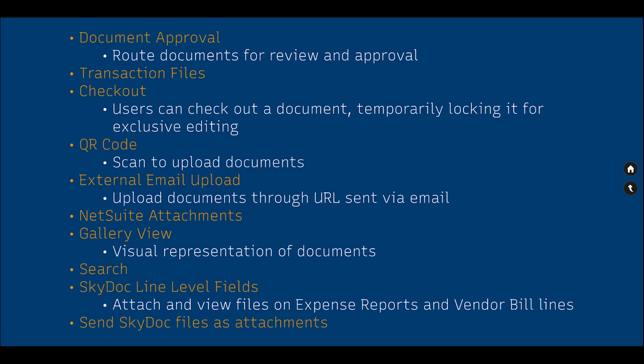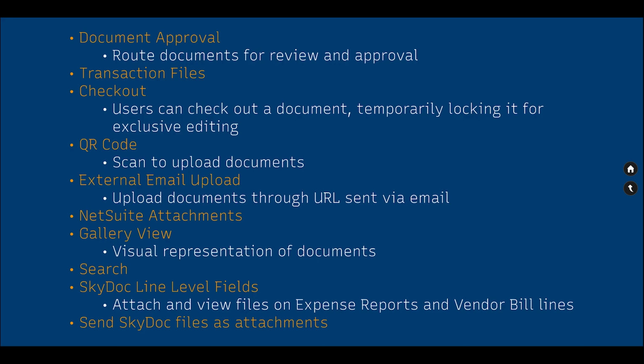And the next one is document approval. SkyDoc has document approval workflows that enable users to route documents for review and approval. This feature streamlines the approval process, ensures compliance, and tracks the status of document approvals. And transaction files, you can always view the files that are related to the record that you are currently on, even if the record is not directly attached to the SkyDoc tab of that particular record.